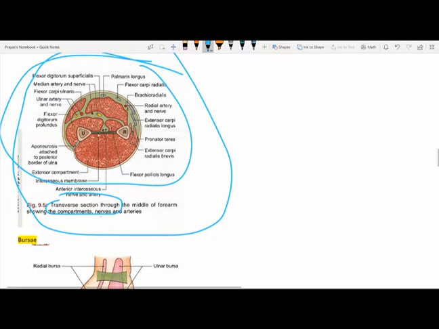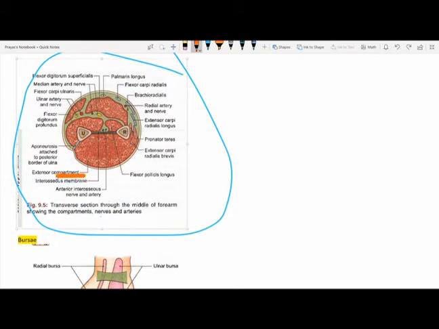And as I mentioned at the beginning, there is a thing that divides the forearm into front and back, or anterior and posterior parts. It is called the interosseous membrane.